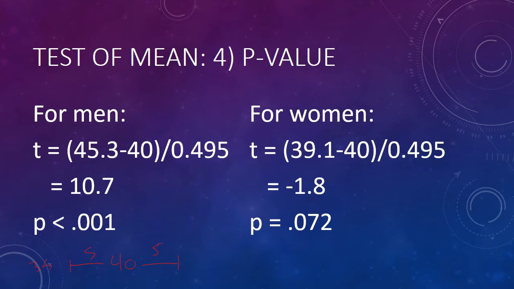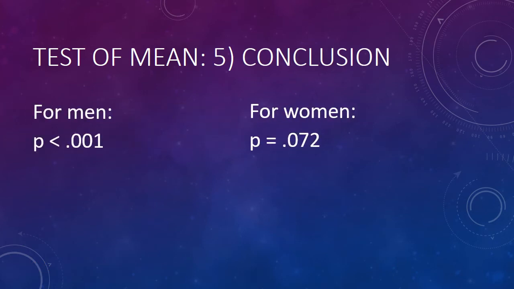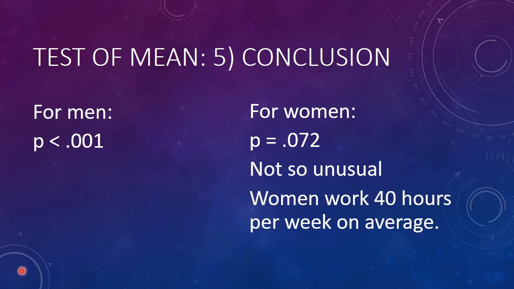Finally, based on these p-values, we can draw our conclusions. If p is less than 0.05, then we call the results unusual. For women, the p-value was 0.07, so it wouldn't be all that unusual to see a sample mean of 39.1 if the women really did work 40 hours per week on average. So we conclude that women could very well work 40 hours per week, because we didn't find anything unusual in our sample.